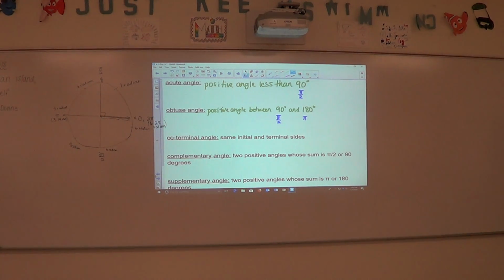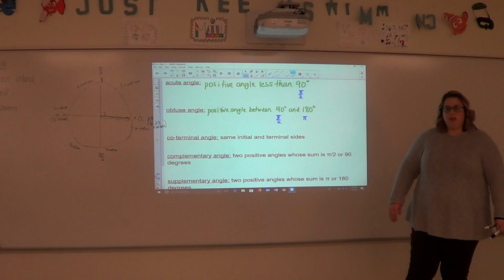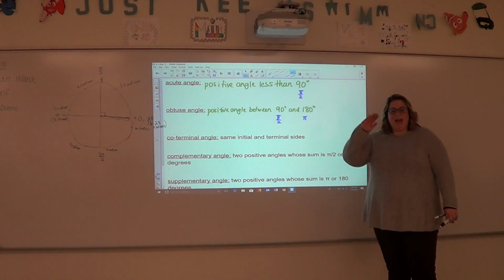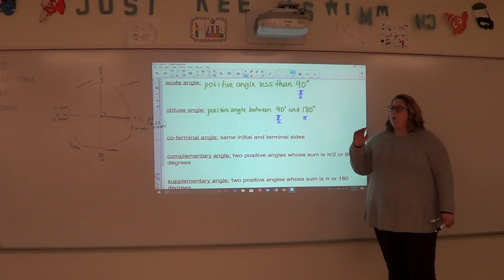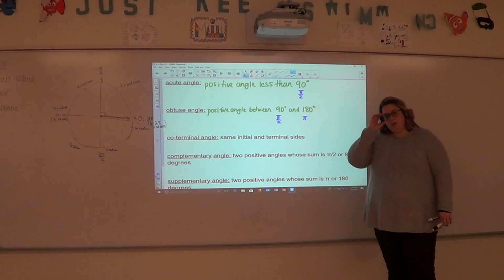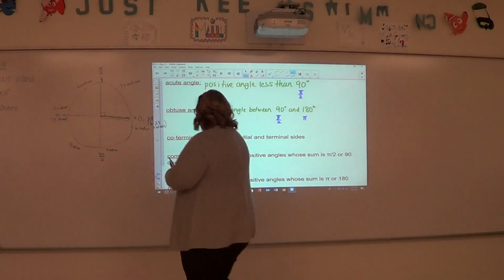Okay, coterminal angles should be something that's brand new. A coterminal angle has the same initial and terminal sides, which means you're just adding a full circle to it, or if you want to do the other way, subtracting a full circle from it. So how big is the circle? 360 degrees, or if it's in radians, 2 pi. Good.